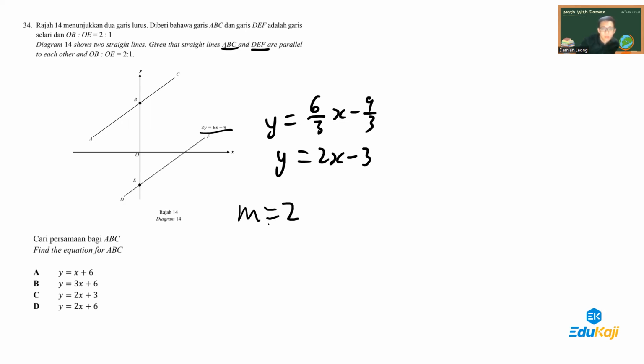Then OB to OE is 2 to 1. So here is -3. If OB to OE is a 2 to 1 ratio, this is double the length, so here is until 6, meaning it's plus 6. So y equals 2x plus 6. Answer D.